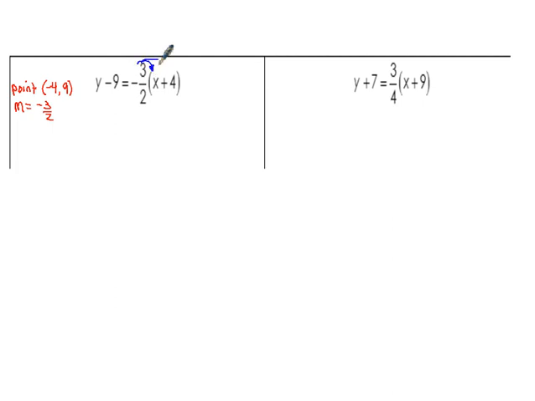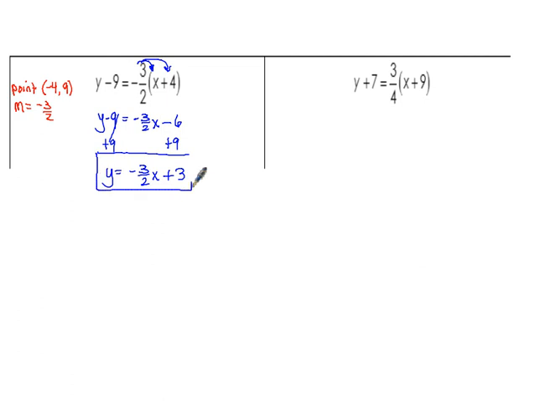All we're doing is getting y by itself. y minus 9 equals negative 3/2 x, and if I distribute negative 3/2 times 4, that's going to give me a negative 6. So I'm going to add the 9 to isolate the y. So y equals negative 3/2 x plus 3 would be the correct format for slope-intercept.